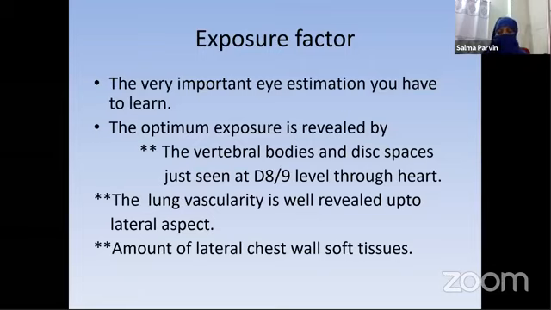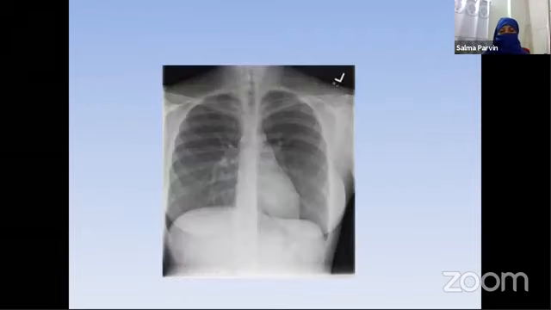What happens whenever we have an overexposed or underexposed film? Does it matter or not? Why should I go through it, and why do you need to understand it? I think I have gone through the parts of the chest X-ray, and you will be able to explain some faults too.